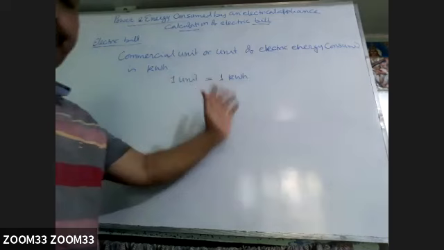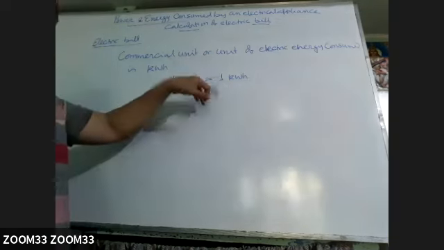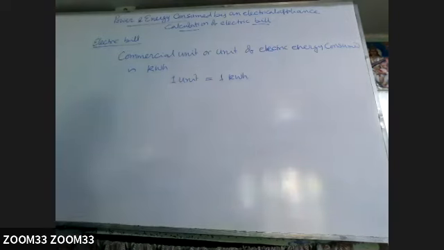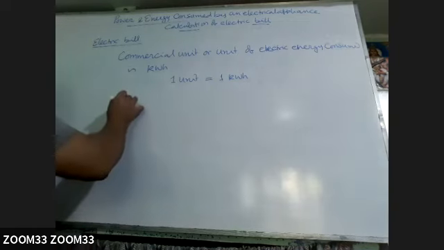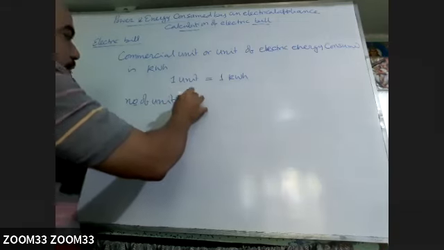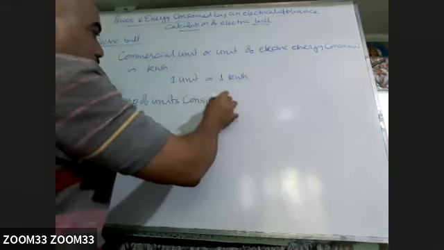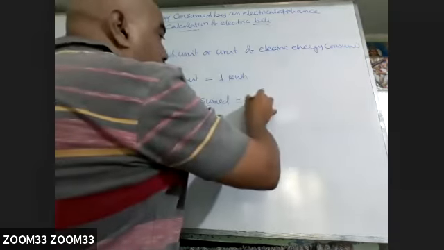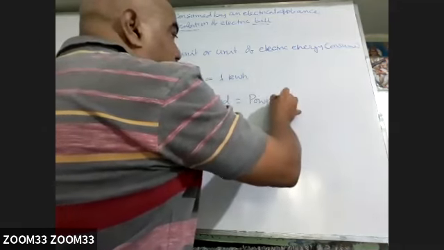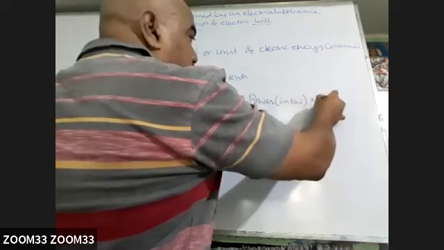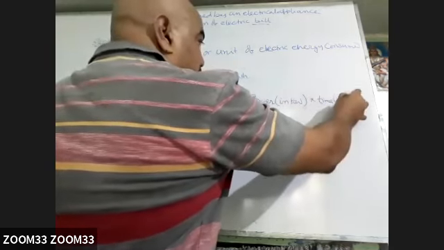So, first of all, we will express whatever energy is consumed in this unit. How do we find the number of units consumed? For that we have to take power in kilowatt, time in hour.